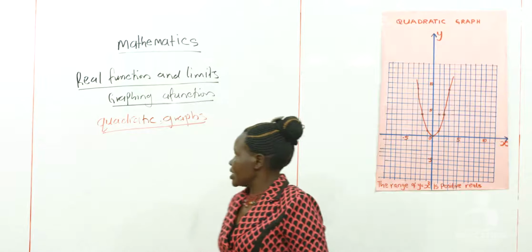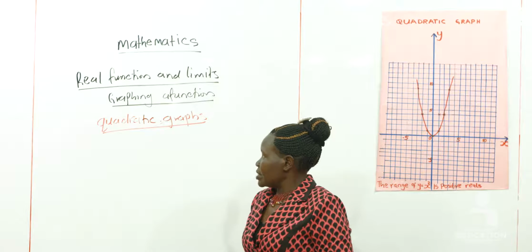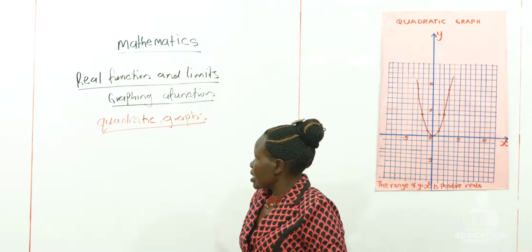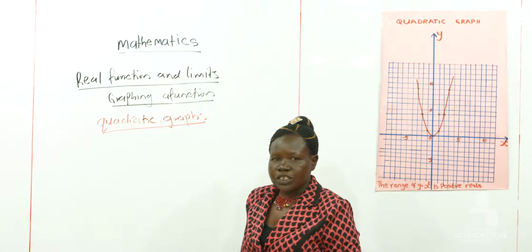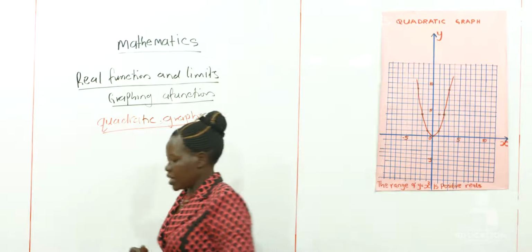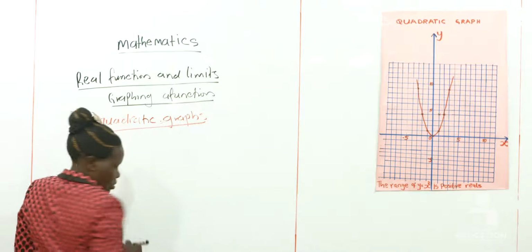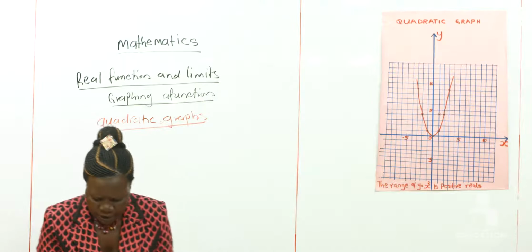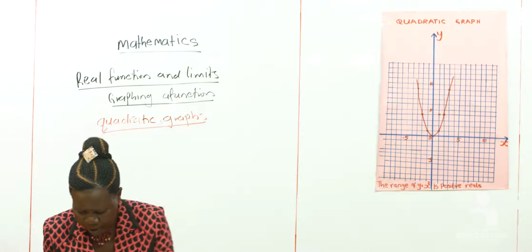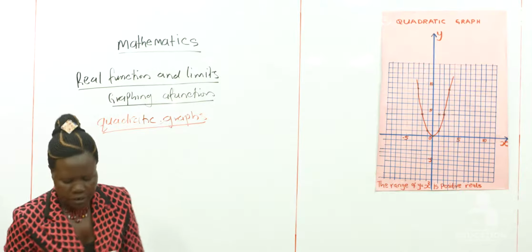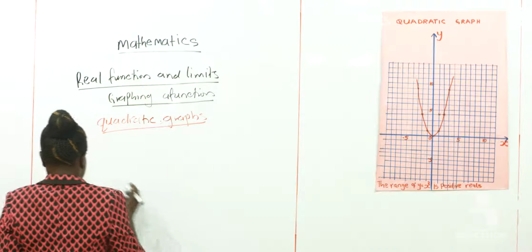When you look at the quadratic graphs, these are graphs of equations or functions in the format of ax square plus bx plus c.